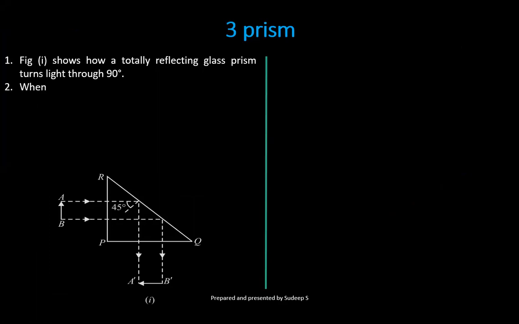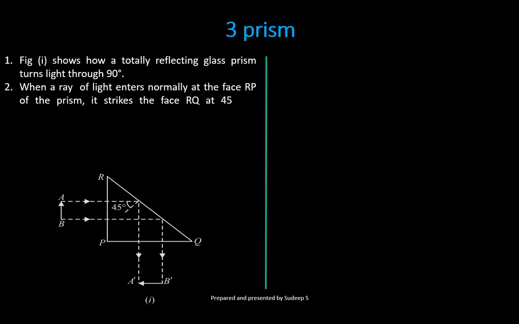Okay, so when a ray of light enters normally at the face RP of the prism, it strikes the face RQ at 45 degree. Okay, तो उसकी जो एंगल है वो 45 डिग्री है.